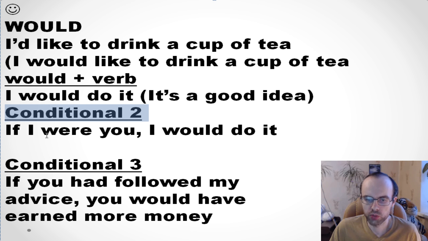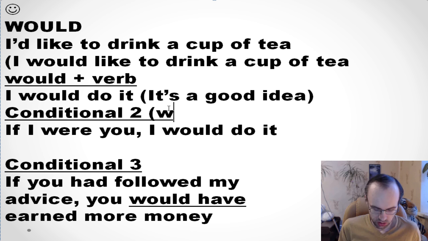So you remember, I hope you remember that we use were with I, he, she, it in conditionals. We mostly use were. And in the third conditional, we use would have plus the third form. If you had followed my advice, you would have earned more money. So would plus verb.